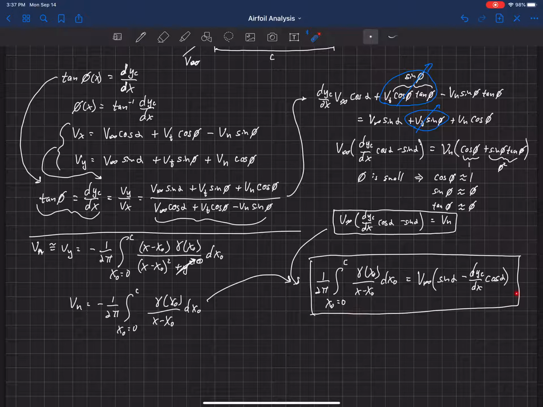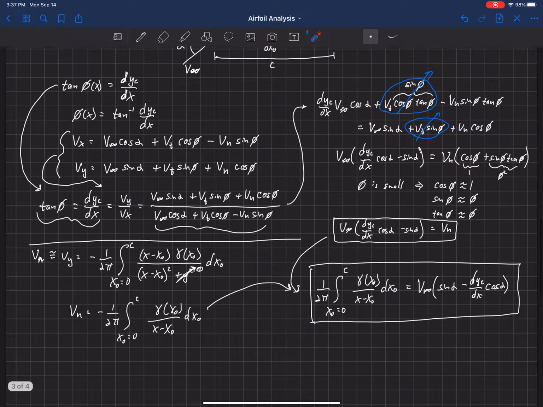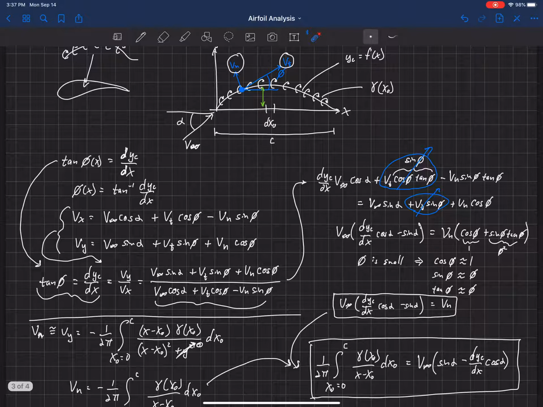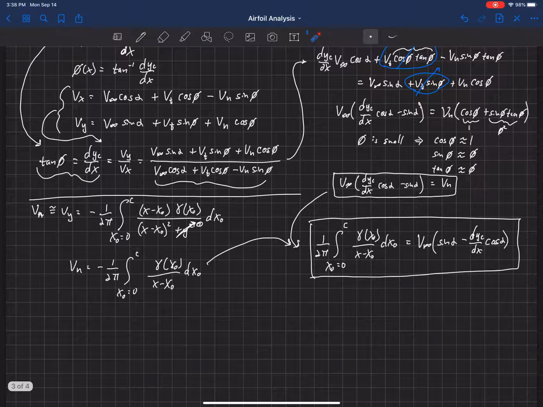And so what this equation does is it actually limits the distribution of gammas that we can use, but if we choose the correct distribution of gammas, this will force the velocity here, or the camber line, to be a streamline of the flow. Okay, so now our job is to find the distribution of gammas that satisfy this equation here.